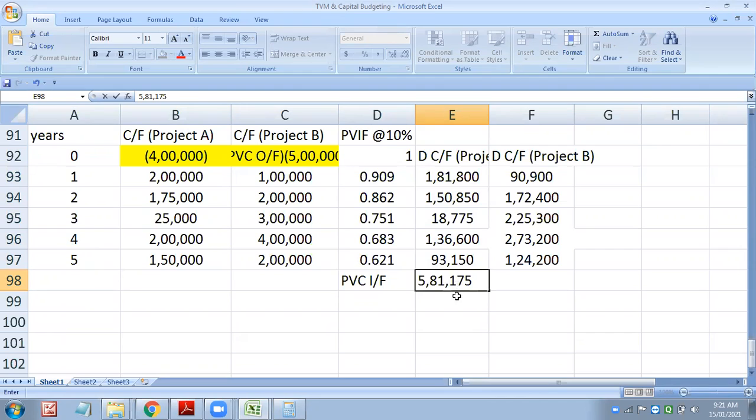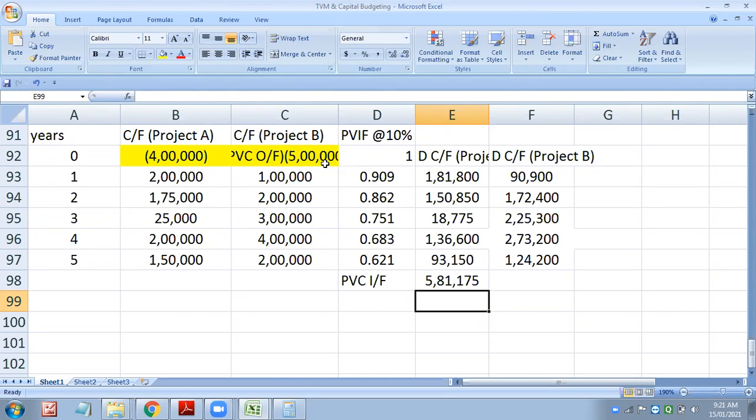So if you invest 4 lakh, what return are you going to get in present value terms? Because this 1,50,000 you are going to get after 5 years, what is its value as of now? Only 93,000. This 2 lakh you are going to get after 4 years, what is its present value as of now? Only 1,36,000.